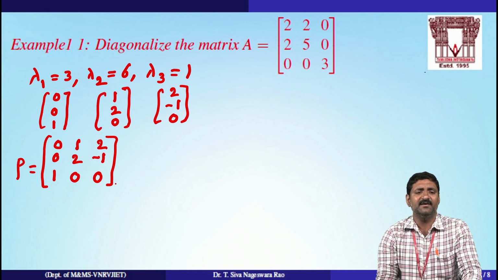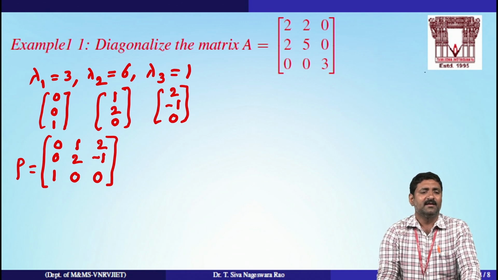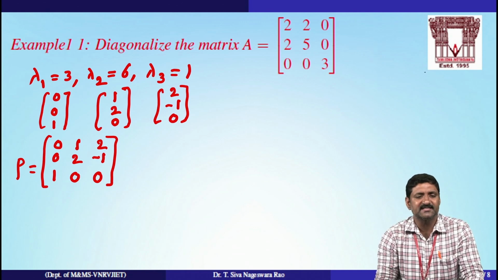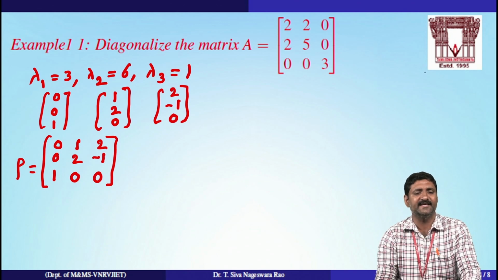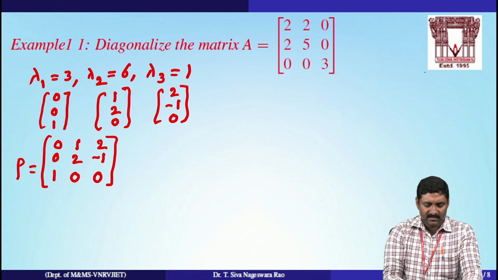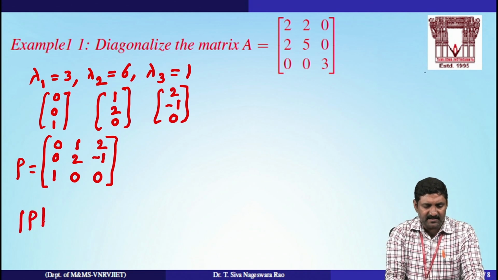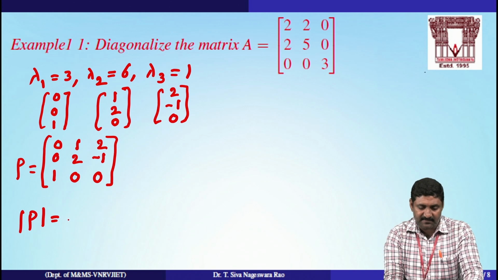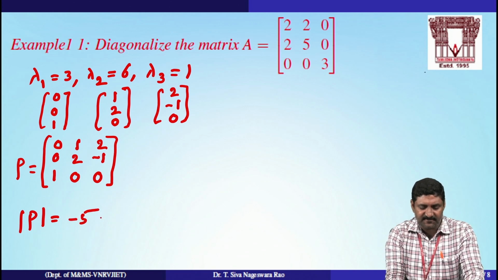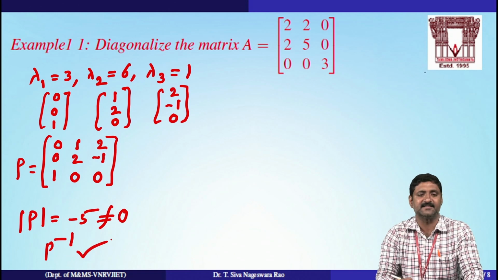Now our aim is to find the determinant of this model matrix capital P, which contains the eigenvectors corresponding to the eigenvalues of capital A. The determinant of capital P is equal to minus 5, not equal to 0. Therefore, P inverse will exist.